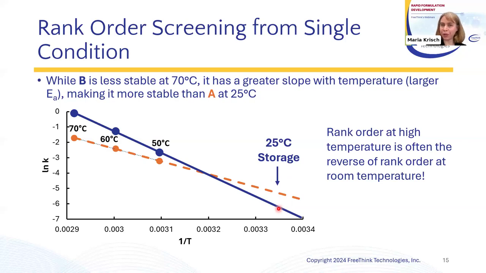And formulation B, which had a lot at the accelerated condition, is actually more stable for room temperature storage. So it's important, if you're thinking about rank order, to realize that one accelerated condition will not necessarily give you the rank order that you're interested in for room temperature conditions.